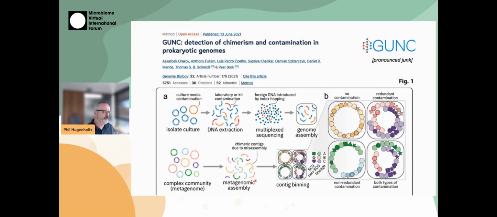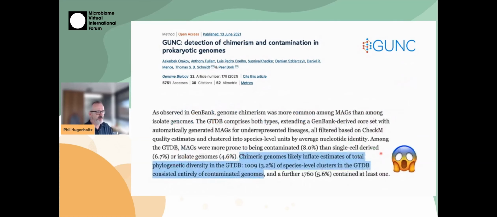And when you do your assembly and then you bin those contigs out, you do run a risk that you're pulling together pieces from different organisms, so you get these chimeric assemblies. And so this goes into a bit of detail about the different types of contamination, but this is an issue, contamination in general. What really caught our eye in this paper was this statement here concerning GTDB.